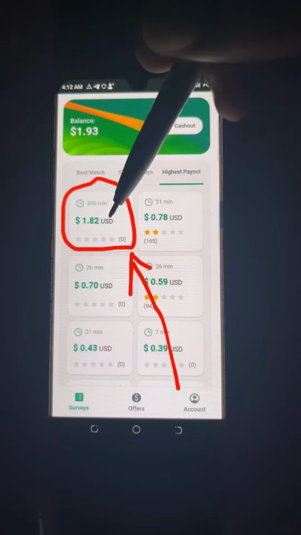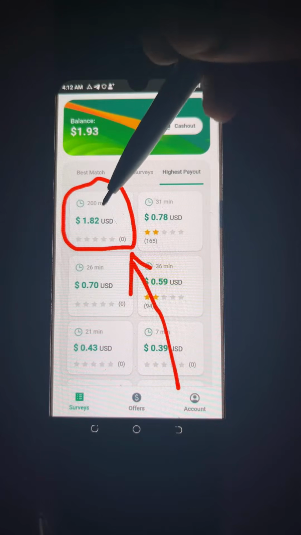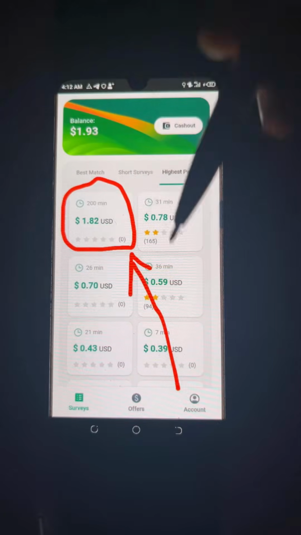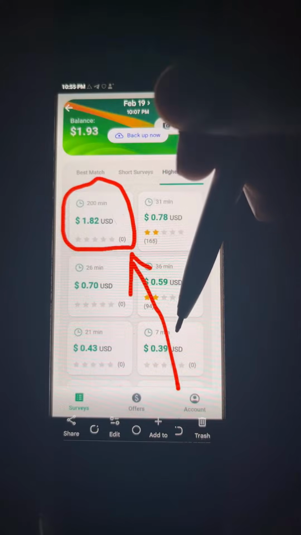Now there are a lot of surveys that have long timing. Like for instance, you can see this survey over here. It has 200 minutes. This one has 31. This one has 26. This one has 36. This one has 21. This one has 7. You understand?